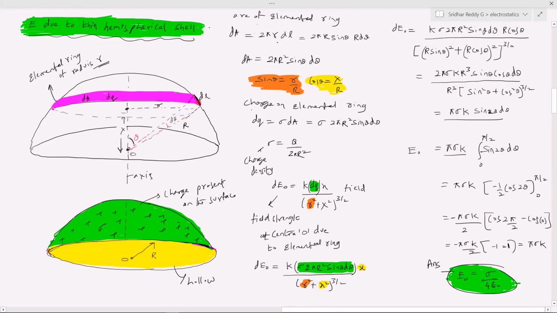Then what is the slant length of that? Let it be dl. dq is the charge present, and dA, let it be the surface.